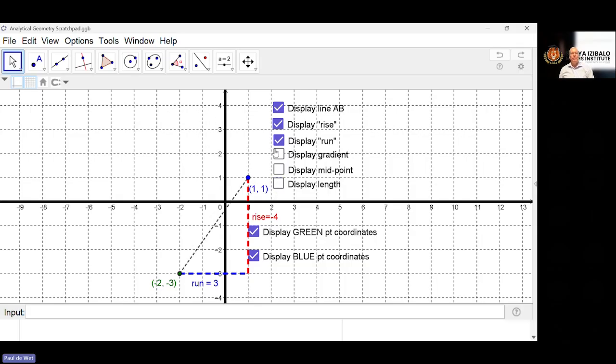Now let's think also about midpoint, just to remind ourselves. If this point is over here and this point is over here, I want us to think about the midpoint of this line.